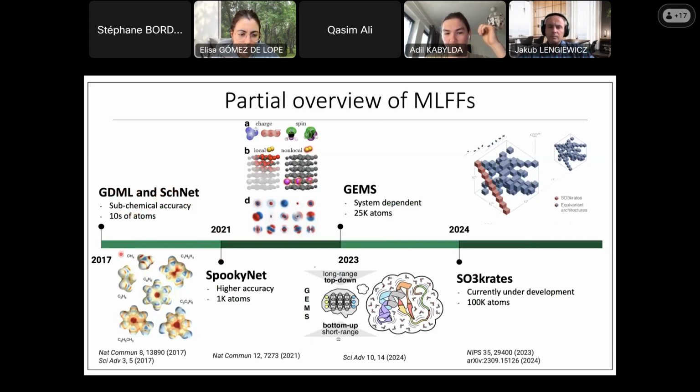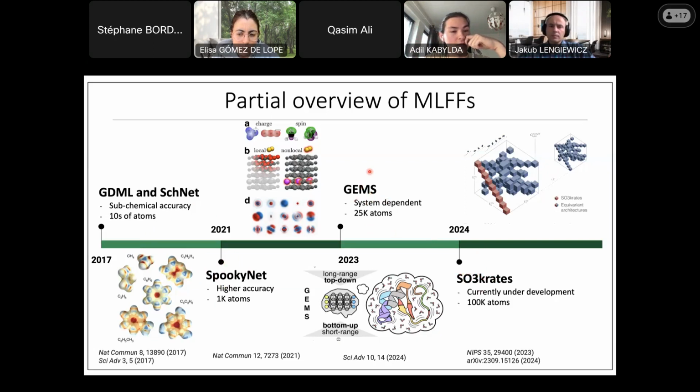Then people started to notice that graph neural network approaches are really good and natural for molecules, if you do not care about long-range interactions. Then came SpookyNet, the GEMS approach, and now we're working on this Socrates model, which is even better than all the things before. And the question was how people account for these symmetries.